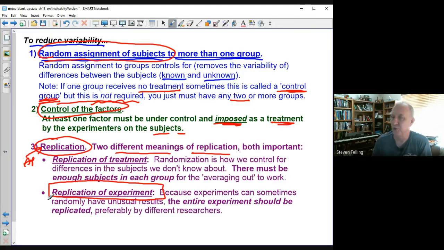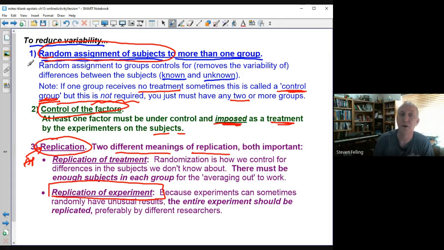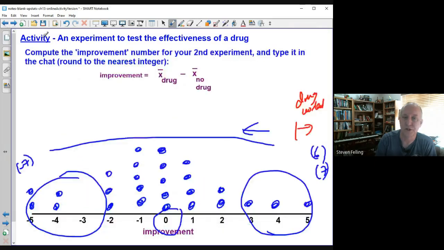In other words, your group does the experiment, but then an entire other research group with its own set of subjects replicates the whole thing from start to finish just to verify your results. That's actually important too. The reason for that is that we saw that when we do an experiment, anything can happen. There's still going to be some natural variation.